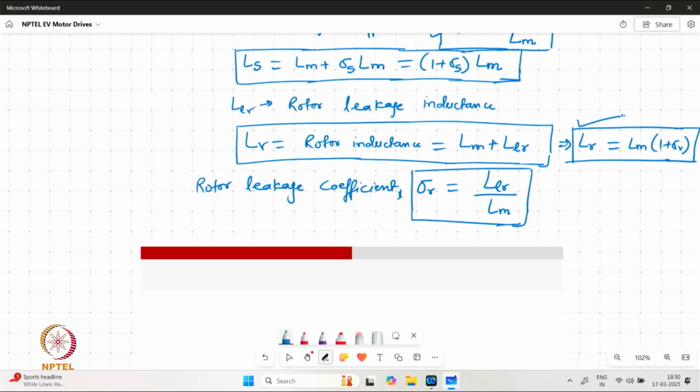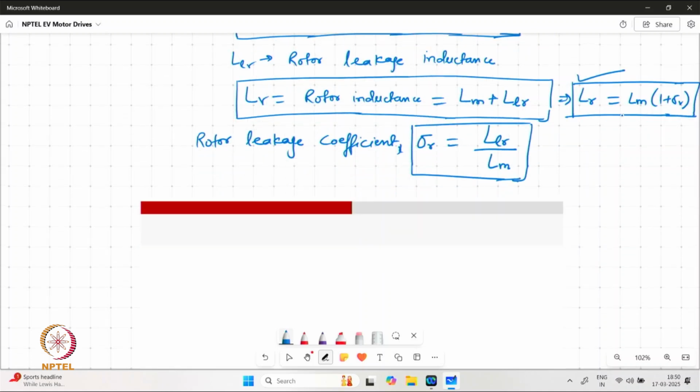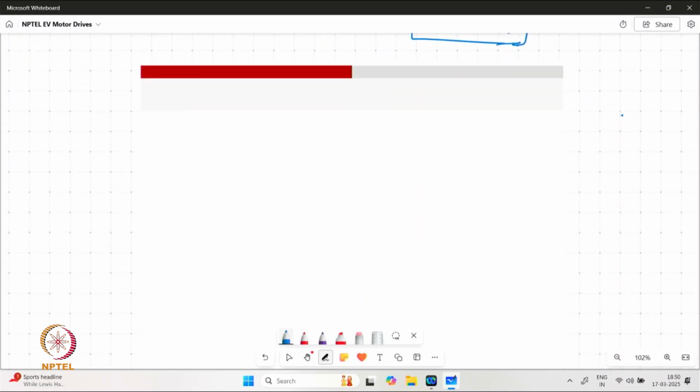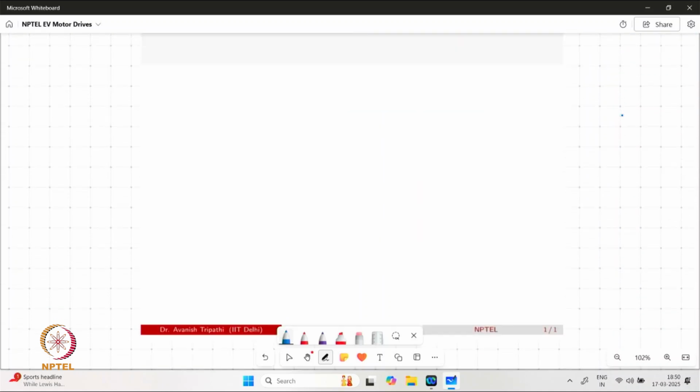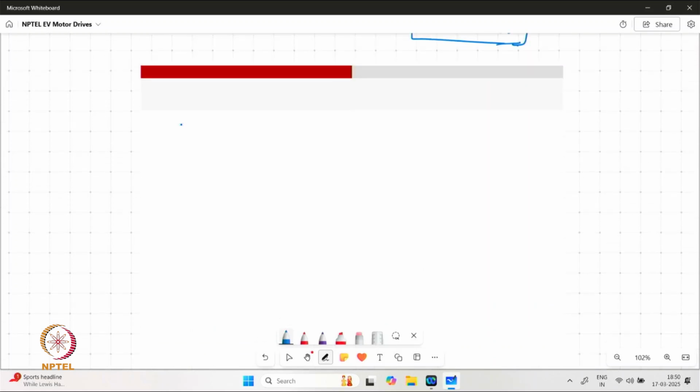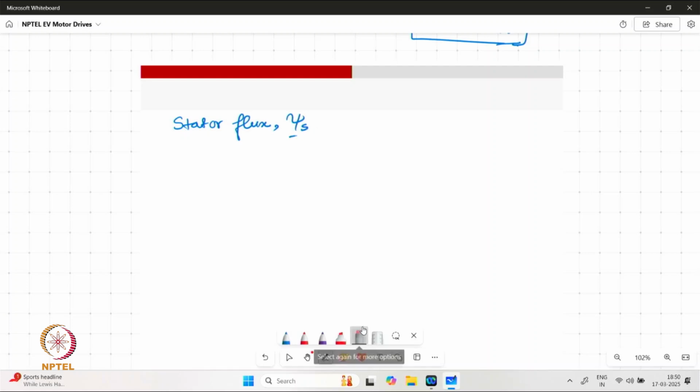Now, having understood these inductance terminologies, we can move ahead and we can include some definitions on the flux side. So we have stator flux, which can be written as psi s. Stator flux is basically sum of the air gap flux plus the leakage flux on the stator side.